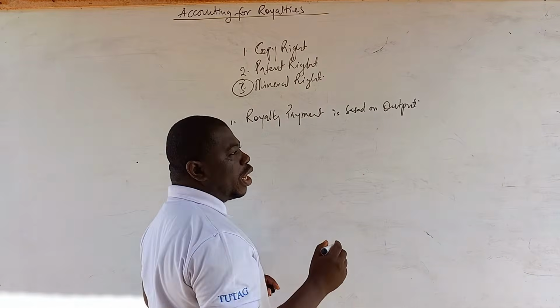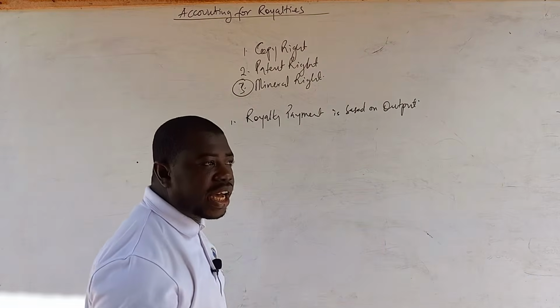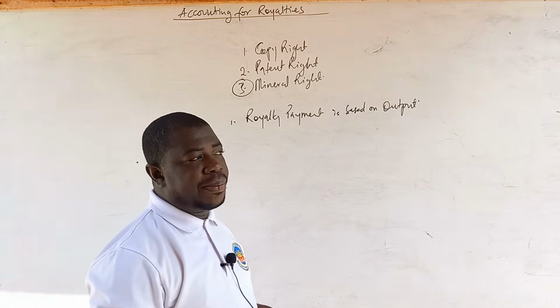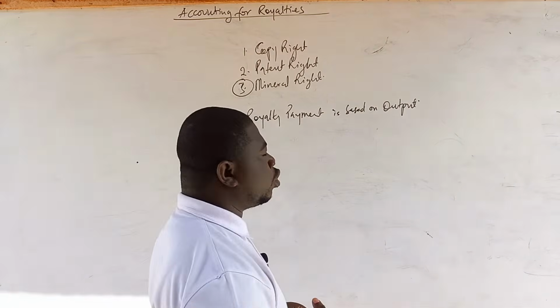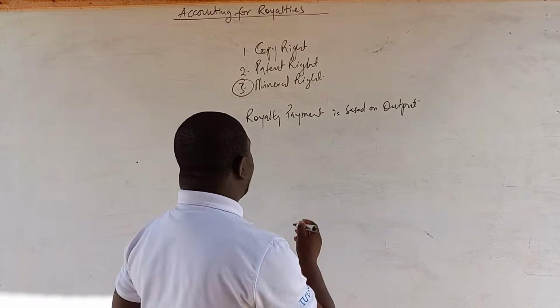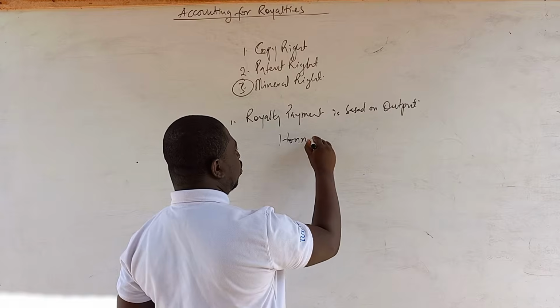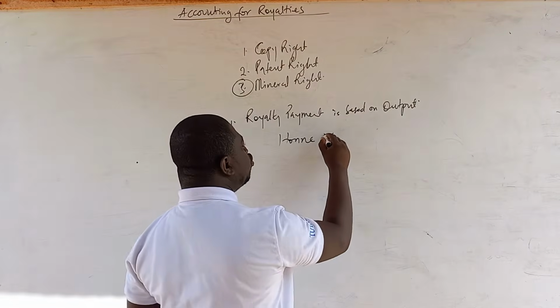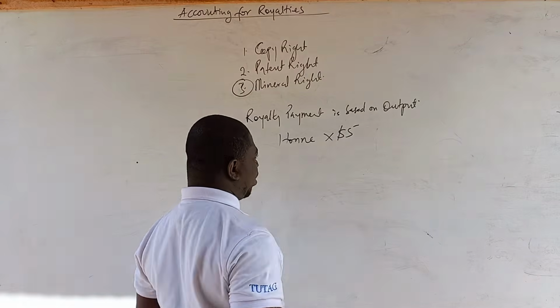Now, let's say you go into an agreement that you are going to extract oil from the land that belongs to a particular community. So you are going to pay royalties to the community. They can agree that for every ton of oil that you extract, you are going to pay, let's say, $5 per ton.